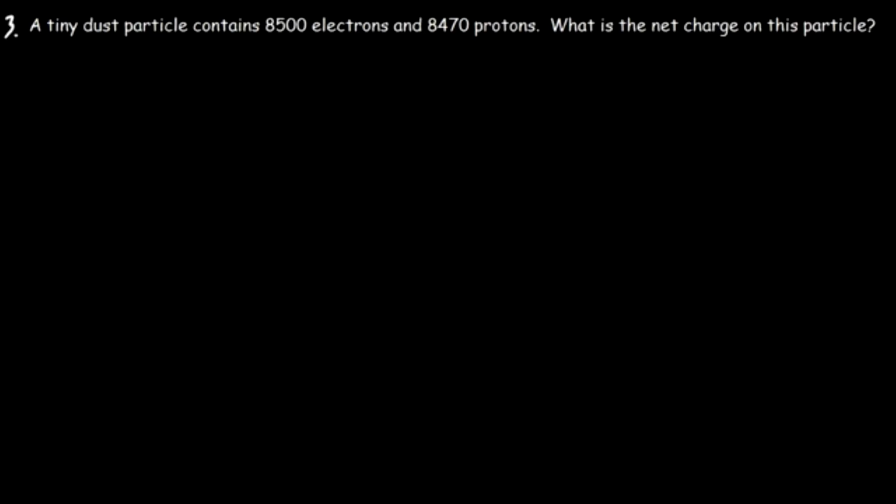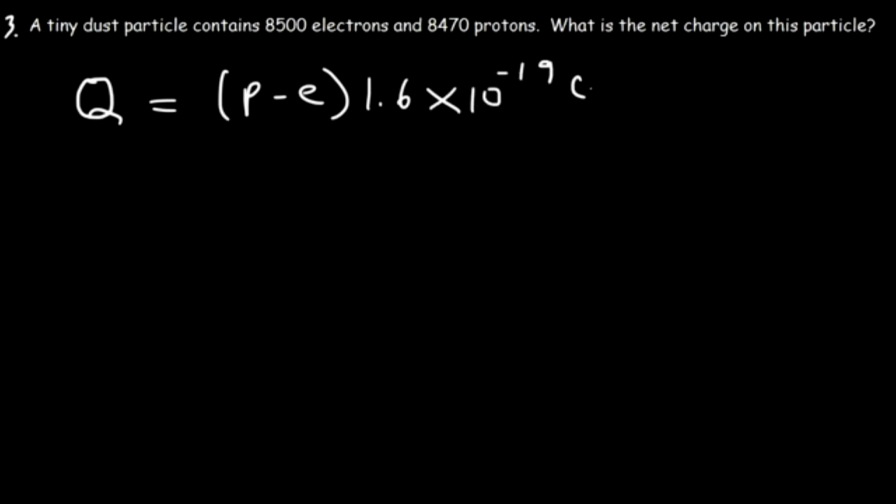So what should we do in this problem? You need to keep in mind it's the difference between electrons and protons that's important, that's needed to calculate the charge. So here's an equation that you can use. Q is going to equal the difference between the number of protons minus electrons times 1.6 times 10 to the negative 19. So there's 8470 protons and 8500 electrons.